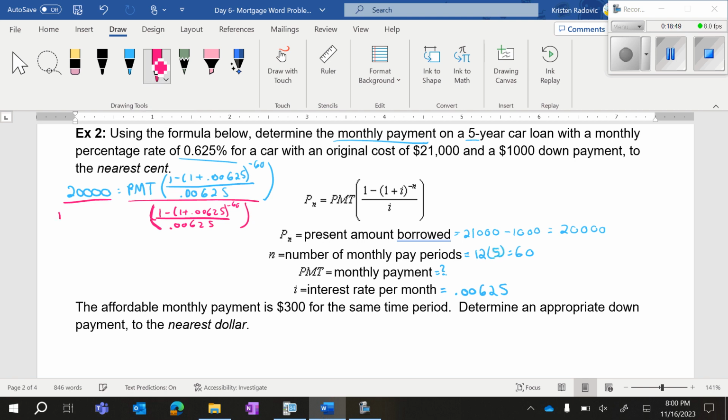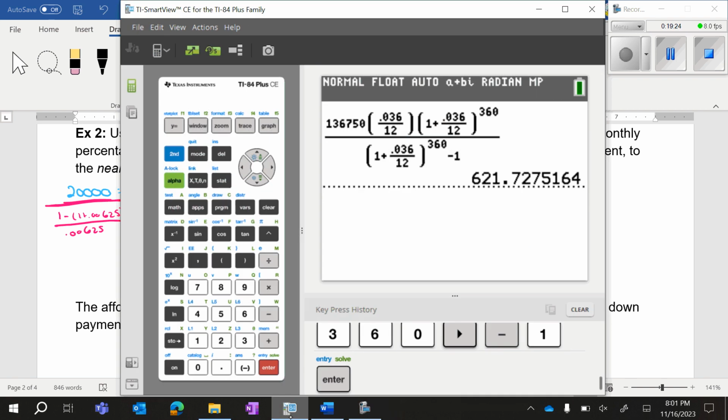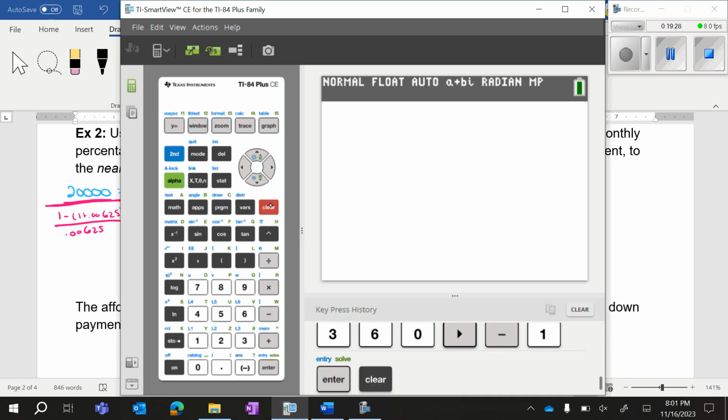On the right-hand side, your two fractions are going to cancel out, and you're going to be left with PMT. On the left-hand side, this is a big fraction that has another little fraction in the denominator. This is important, because if you don't put this in exactly the way I do, you will get a different answer. You're doing 20,000 divided by a fraction. So when you do alpha y equals, 20,000 goes up top, and you put the second fraction in the denominator specifically.